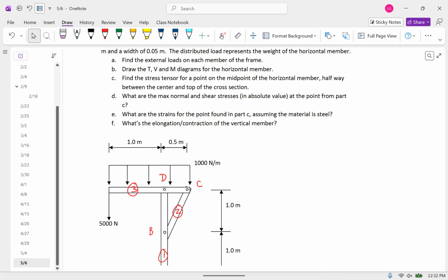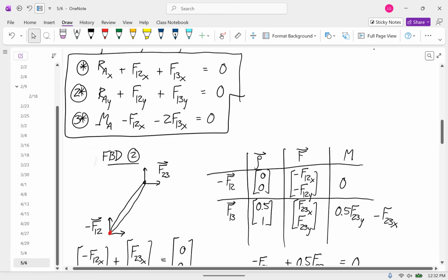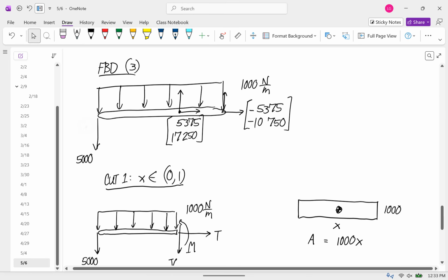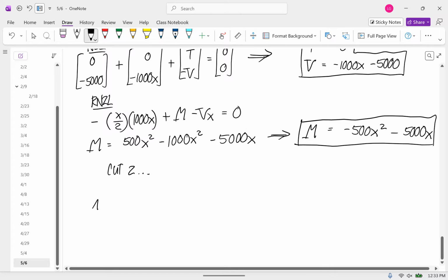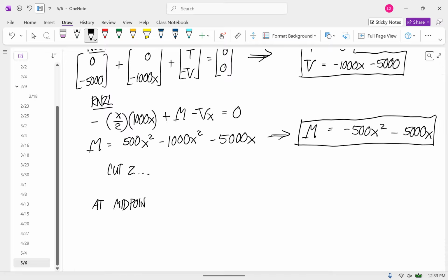Draw a stress tensor for a point on the midpoint of the horizontal member. Okay, so in order to do that, at the midpoint, we're talking about x equal 0.75.